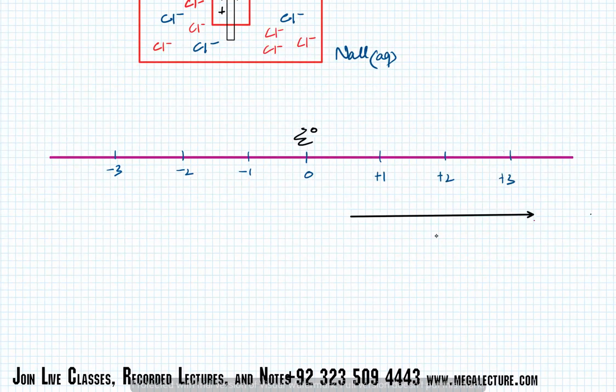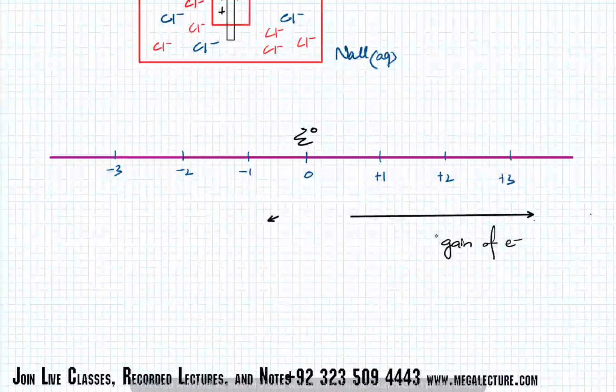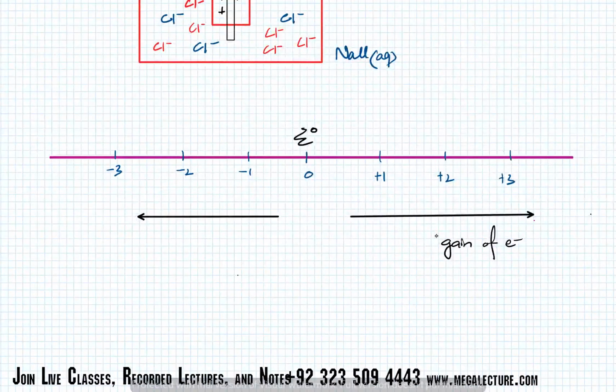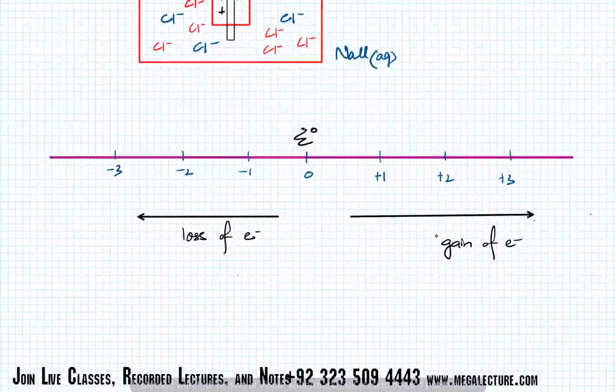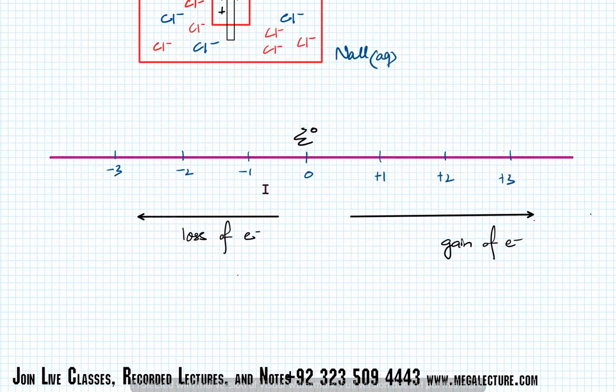Higher means a gain of electrons. That indicates that it likes to gain electrons. Meanwhile, lower indicates loss of electrons. It likes to lose electrons. Okay. So is this clear, the scale?